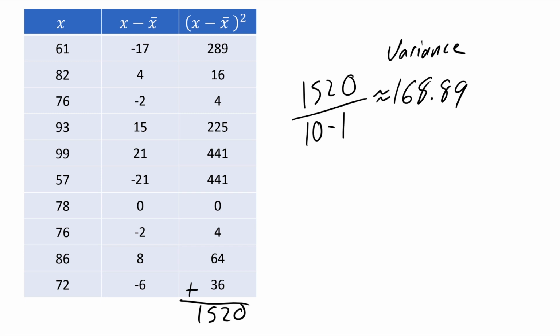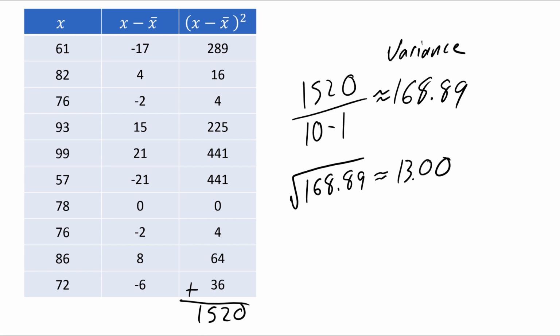So what we're going to do is, since we squared all of our values, we're going to go in the opposite direction. We're going to take the square root of our variance. So the square root of 168.89 is going to give us about 13.00.